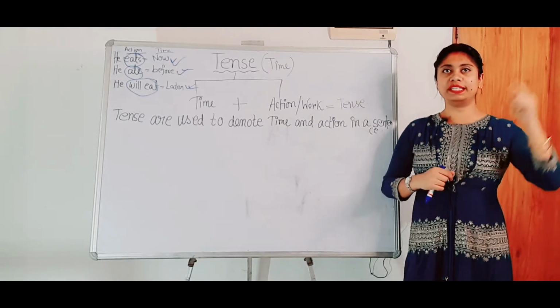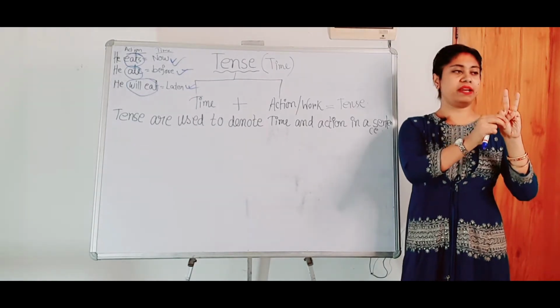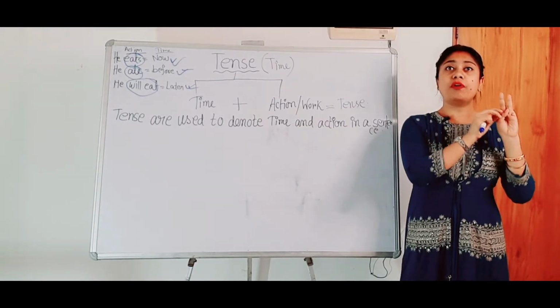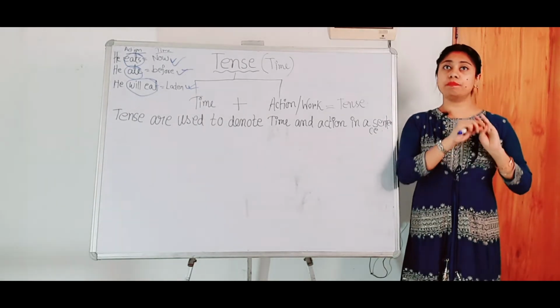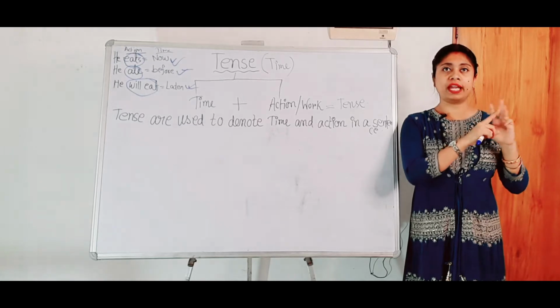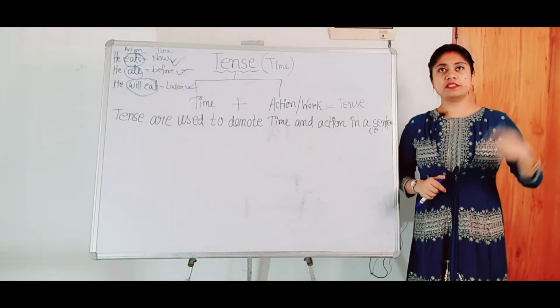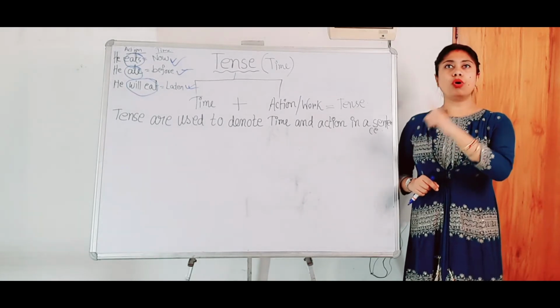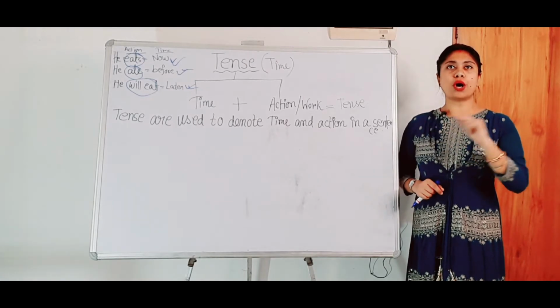So I told you there that the main verb has three forms. MV1, that is main verb form number 1, means present. MV2, main verb form number 2, that is past. And MV3, main verb form number 3, that's past participle. For example, go, went, gone, take, took, taken, see, saw, seen.